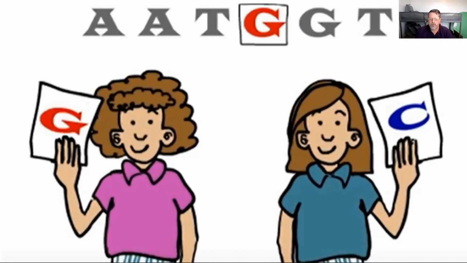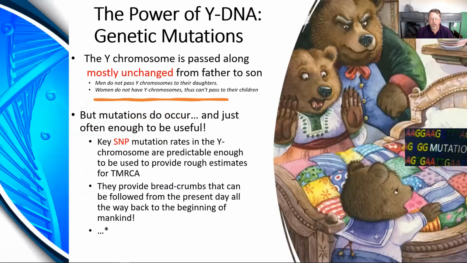And these are the type of mutations we're talking about for DNA. So DNA mutations don't even affect your hair color or your eye color or how tall you are, anything like that. But we can use them as markers.